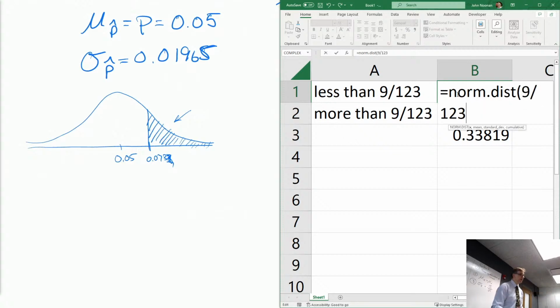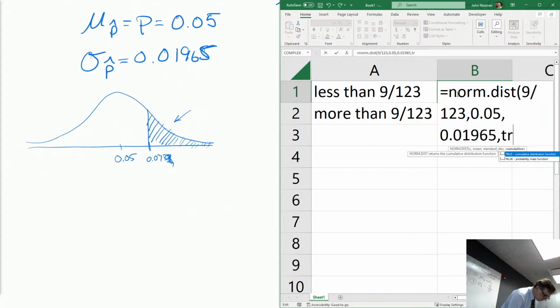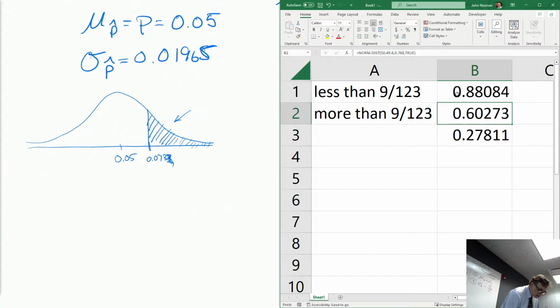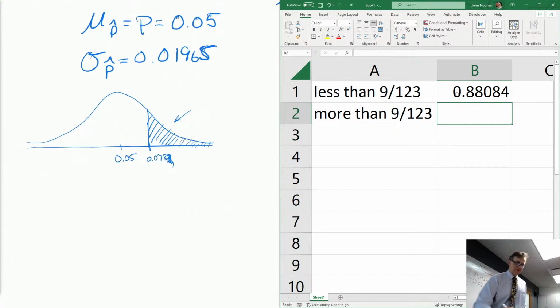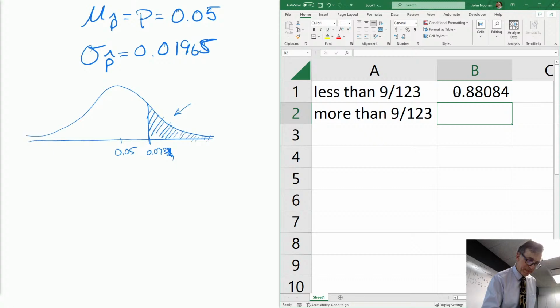Look at that. I don't even have to know what the actual decimal is. So it doesn't matter what this digit is, because Excel is going to compute it for me. So 9 out of 123. The mean was 0.05. The standard deviation was 0.01965. That's the answer for less than, this stuff over here.